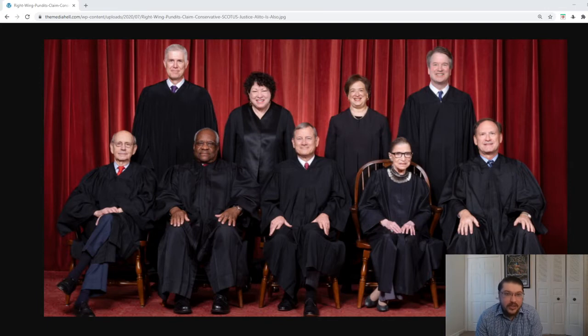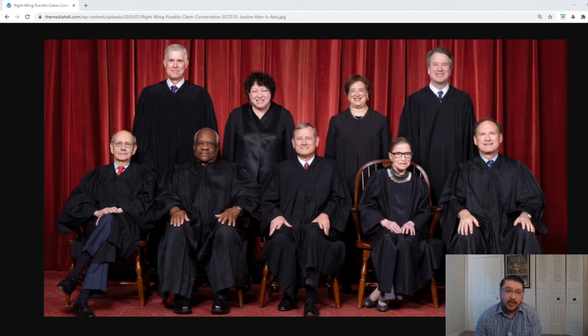Now, there are different ways that the justices interpret the law. For example, there are justices like the late Antonin Scalia, Kavanaugh, to some extent Gorsuch, and Clarence Thomas, who interpret from varying originalist stances.